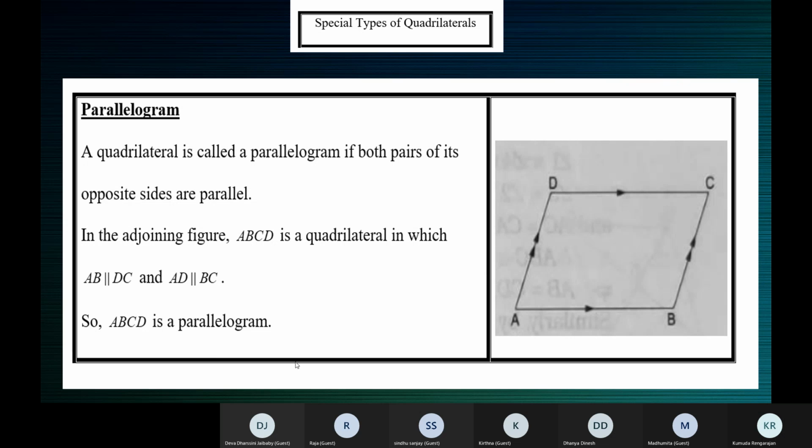Do we have the answer? AB? 12 centimeter, ma'am. AB is equal to 12 centimeters. Perfect. Can you read your steps? Can you read this from your book? Ma'am, perimeter of this parallelogram is 40 centimeters. AD is equal to 8 centimeter, ma'am.